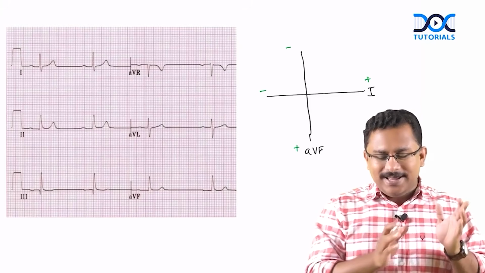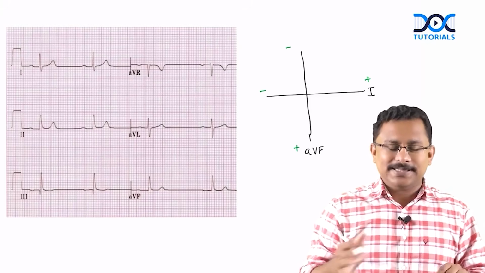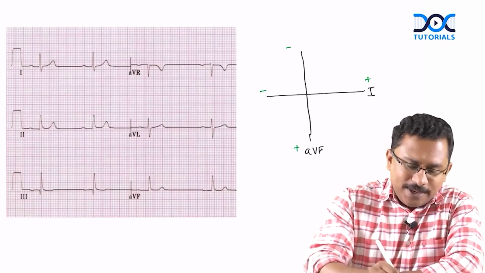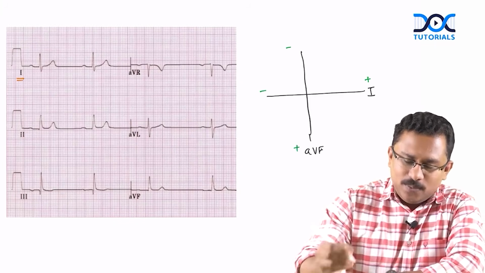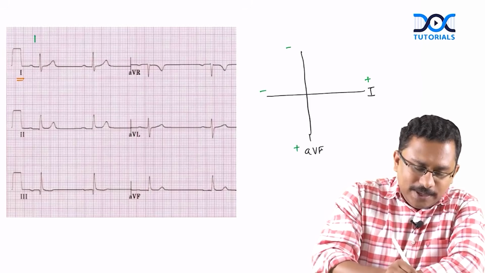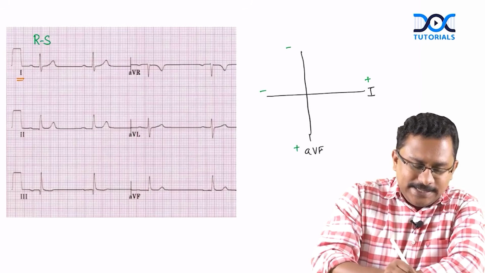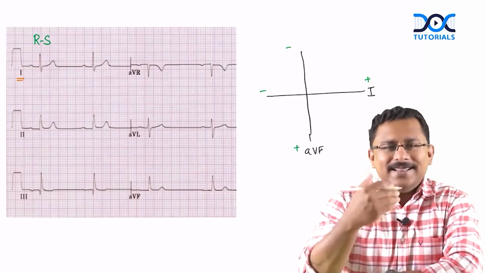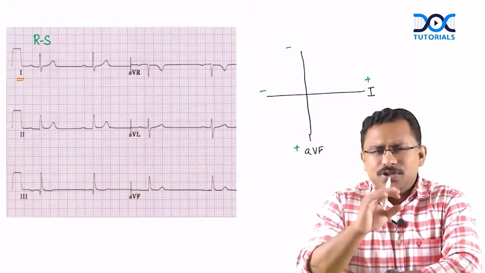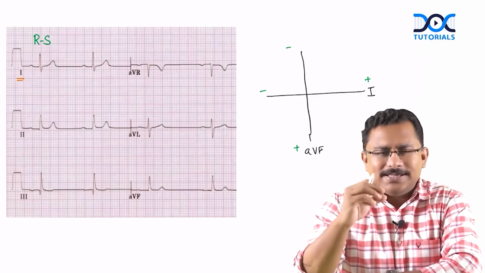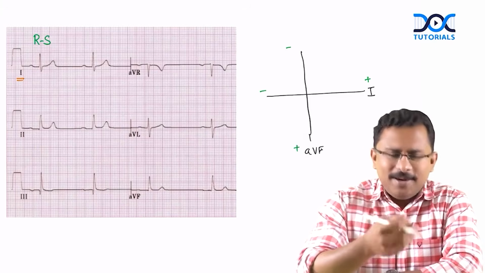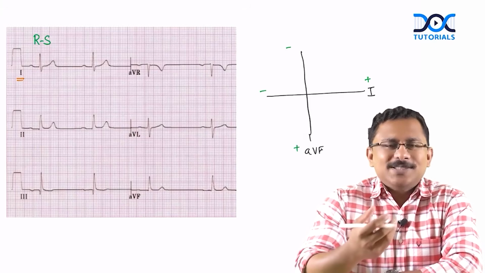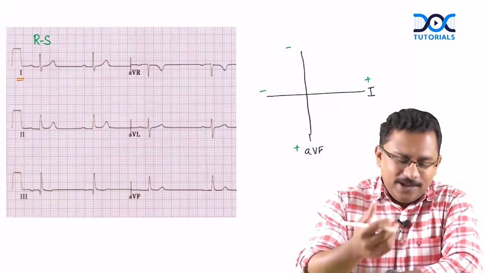So first look at the first ECG that we have. First look at lead 1. You look at the R minus S in lead 1, the height of the R wave and the depth of the S wave. Actually you can go for the calculation based on the number of boxes, but in certain scenarios visual impression is enough, especially for entrance purposes, where you don't have much time to calculate.